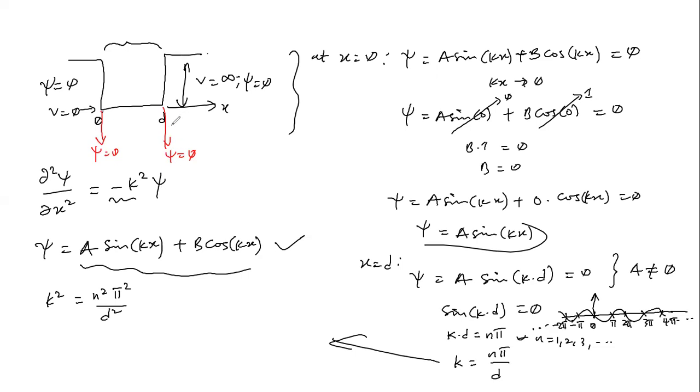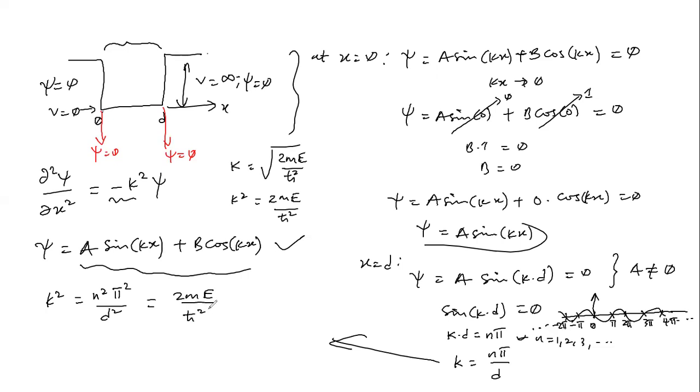But recall that k is the square root of 2mE over h cross squared, such that k squared is the same as 2mE over h cross squared. So it means that these two are equivalent.